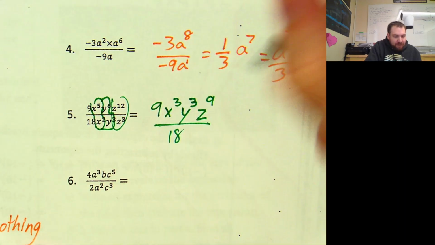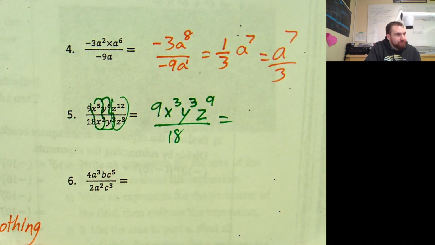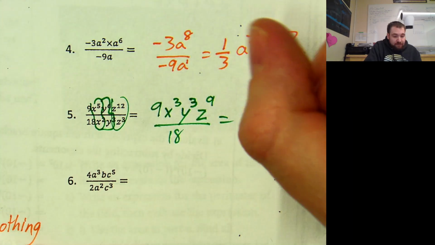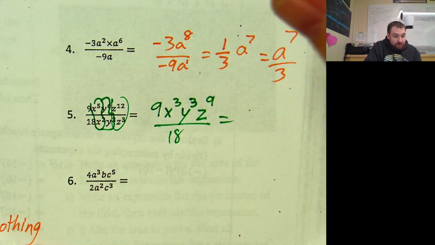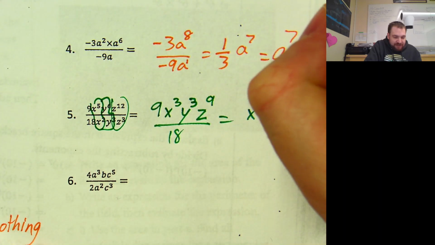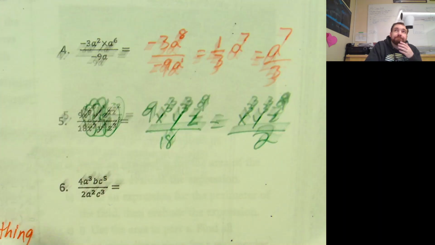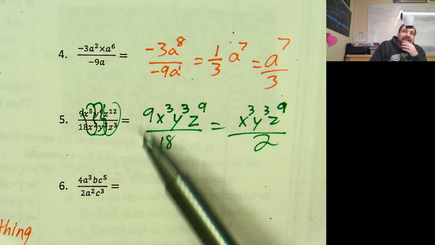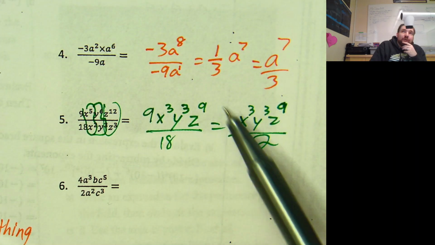The 18. Okay, so finish it up. 9 over 18 is? So I can write this now as x cubed, y cubed, z to the 9 over 2, because the 9 and the 18 reduce to 1 over 2, and I don't have to write the 1.